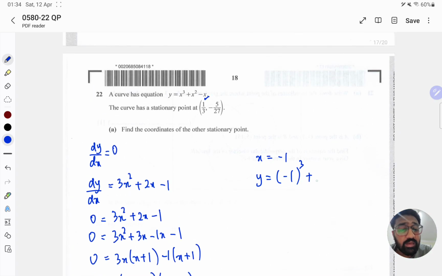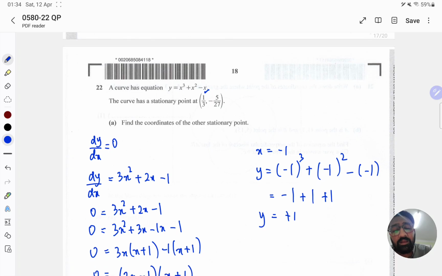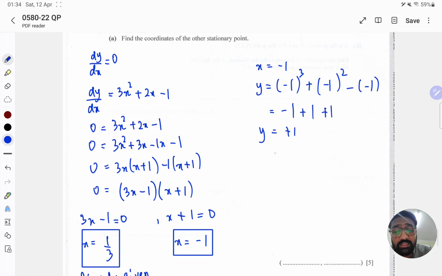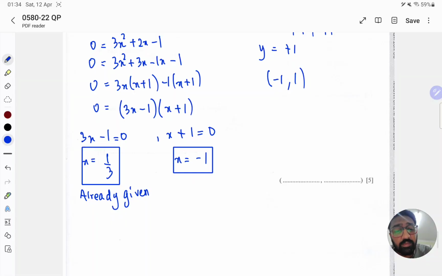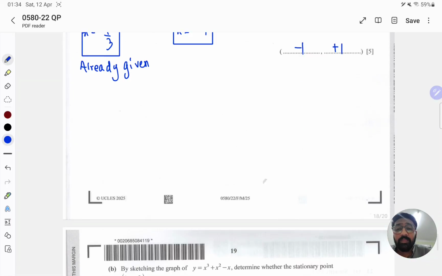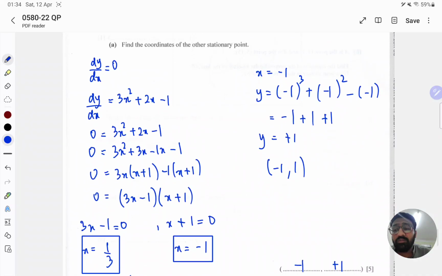Minus 1 power 3 plus minus 1 square minus minus 1. So minus 1 plus 1 plus 1. So it's going to give you plus 1. So the coordinates of the other stationary point is going to be minus 1 and plus 1. Question number 22 this was.